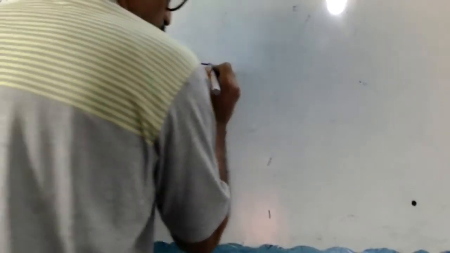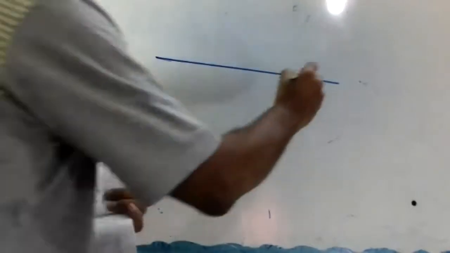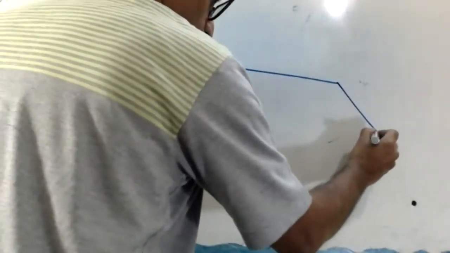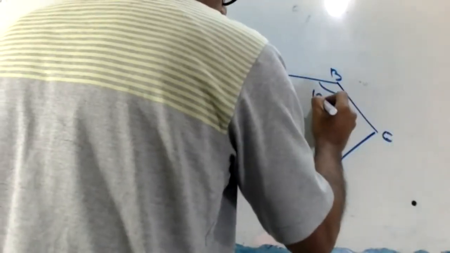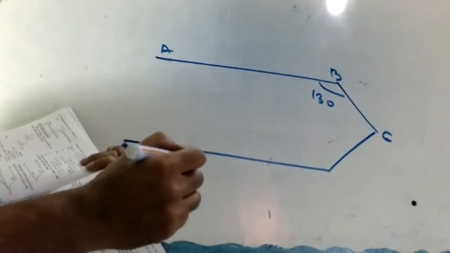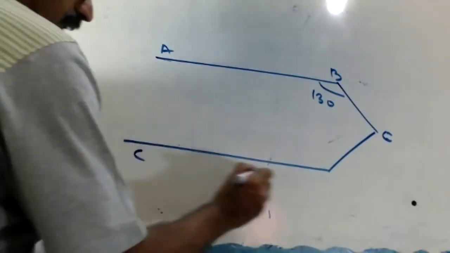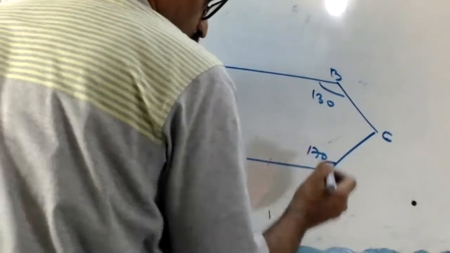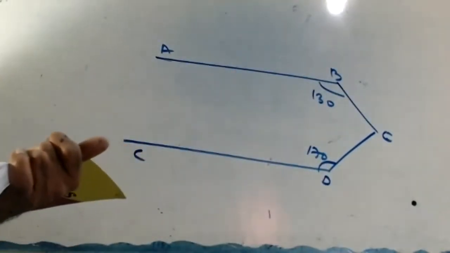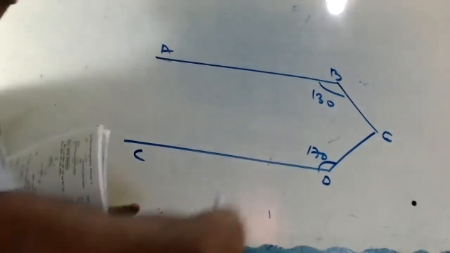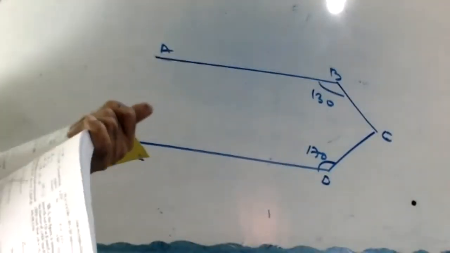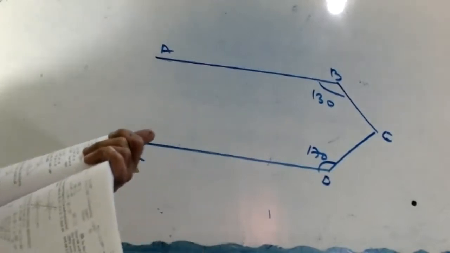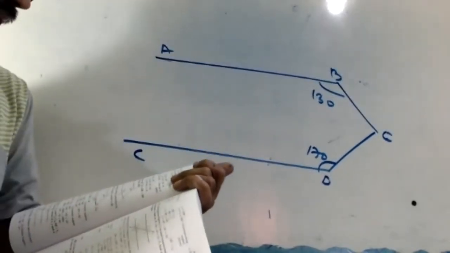Angle CDE is 170. Find angle BED. Once again, in figure, AB parallel CD.